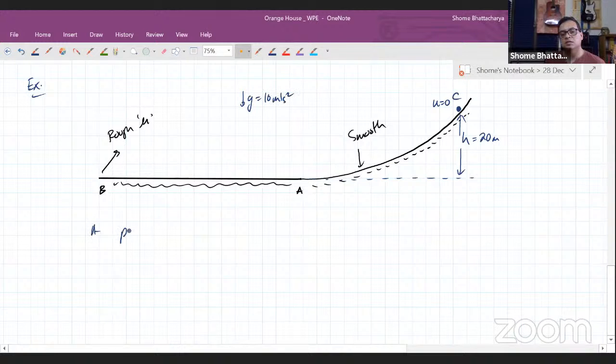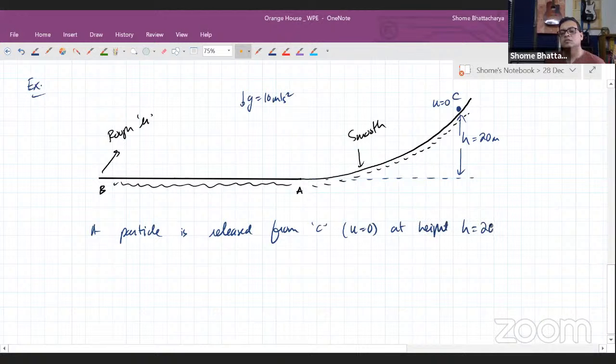So a particle is released from the point C with initial velocity 0 at a height with respect to the rough horizontal section AB.